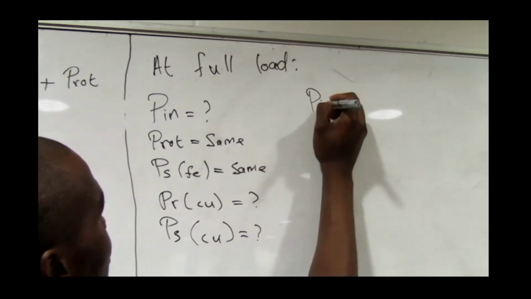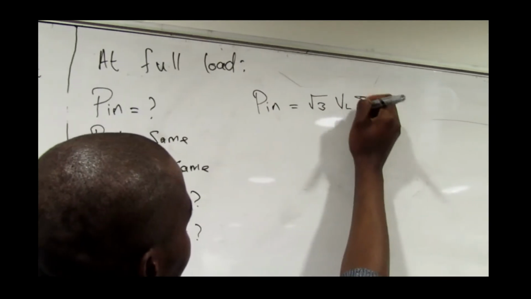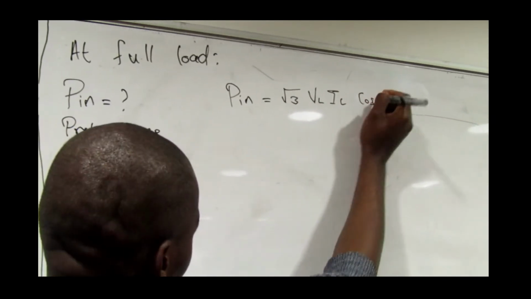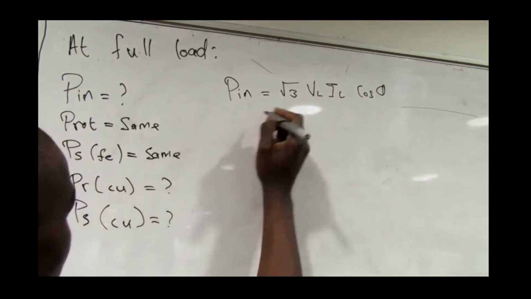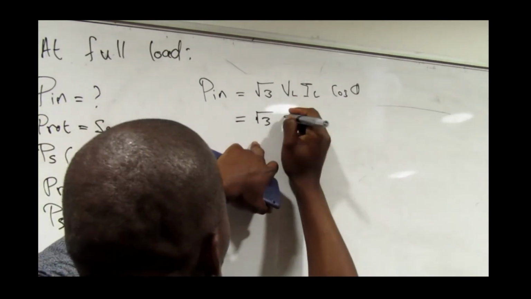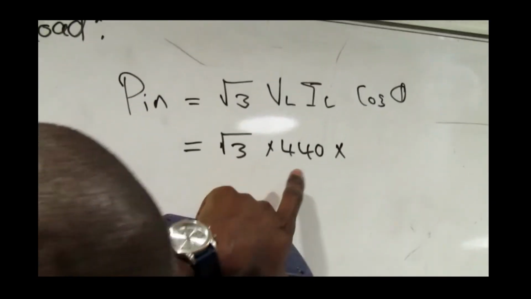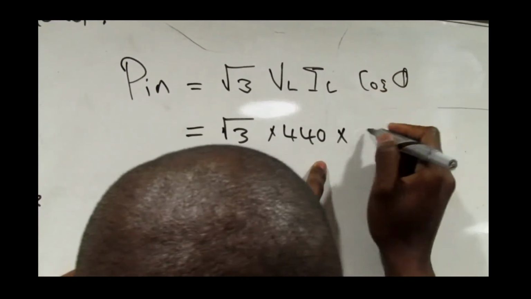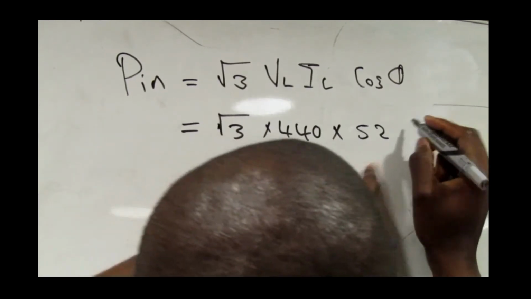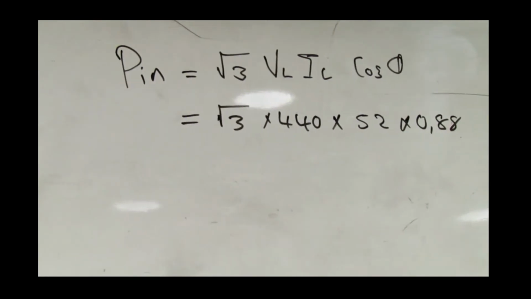P in is given by root 3 VL IL cos theta. We have root 3. Now the voltage was given as 440 volts. Our current at full load was given as 52, and we have our power factor as 0.88.